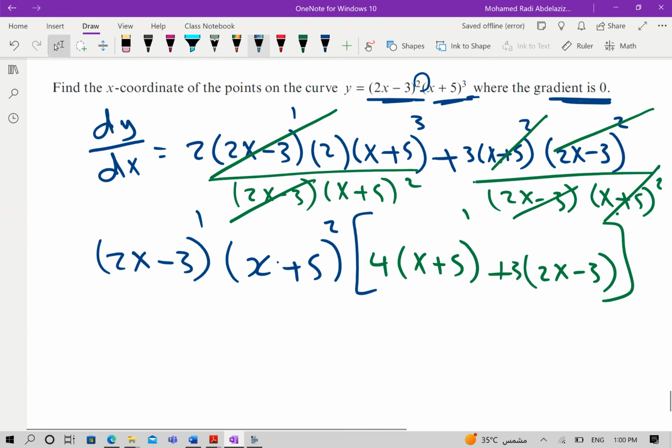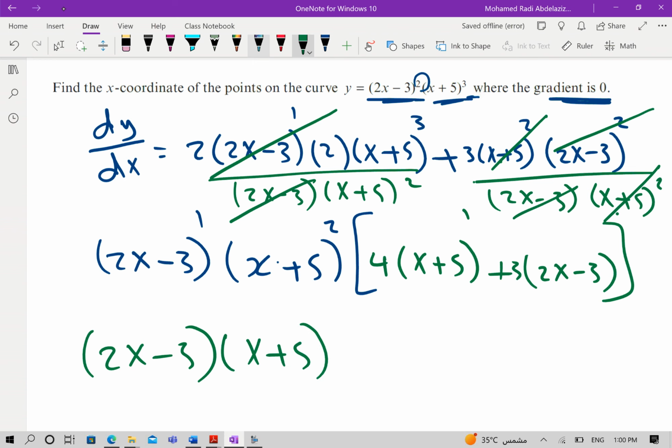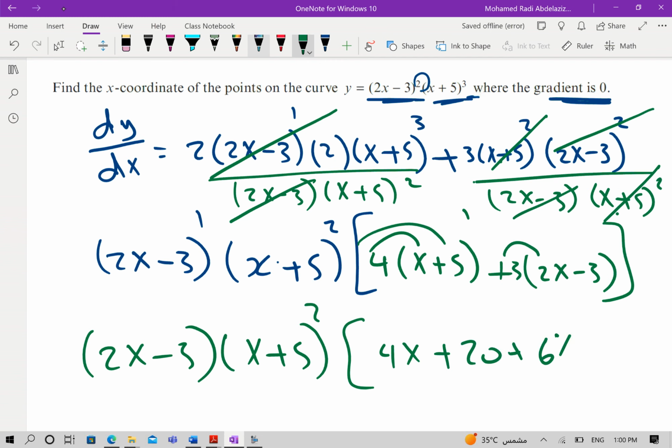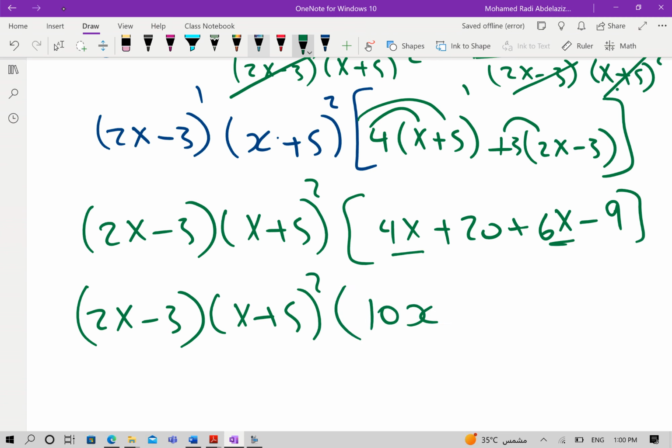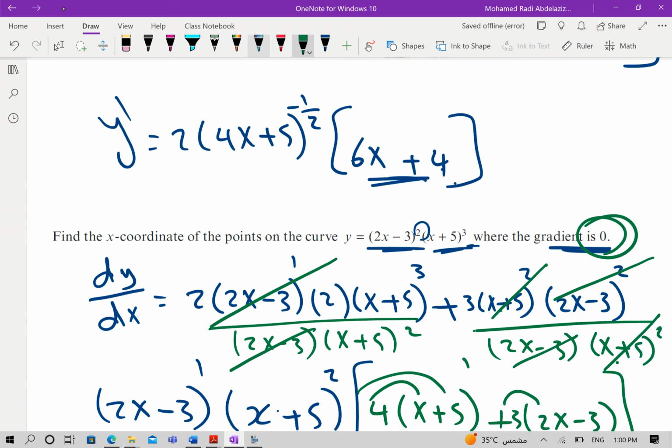Then simplify: (2x minus 3) multiplied by (x plus 5) all squared. Expand: 4x, 20, 6x, 9. You can simplify: 6x and 4x, 10x. 20 minus 9 is 21, 11, sorry, 11.